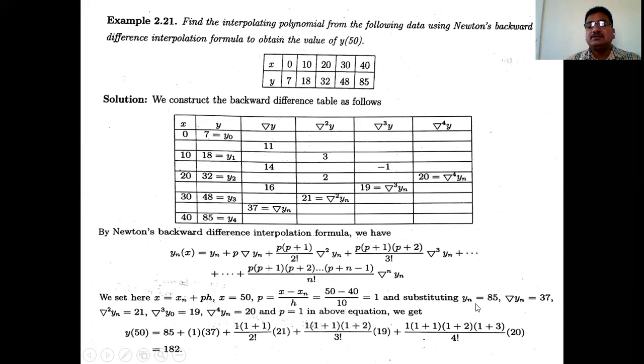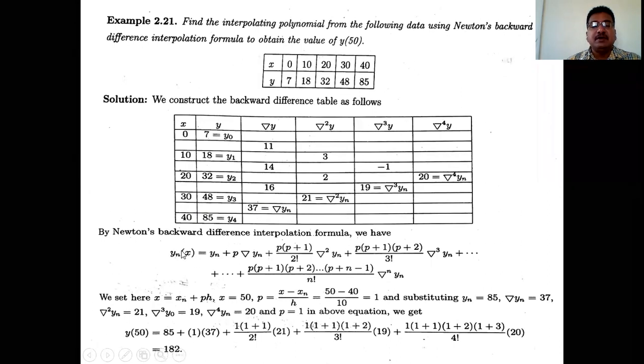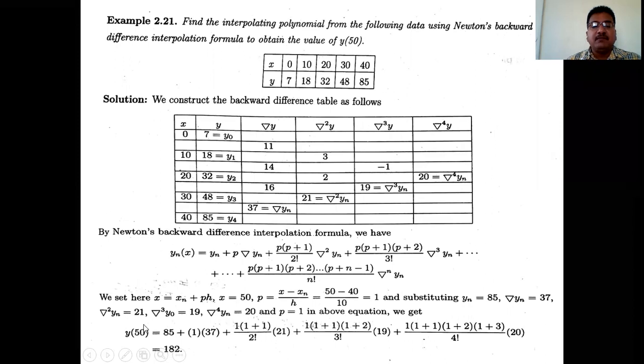And what is f(a+nh)? This is f(a+nh), this is del f(a+nh), this is del square f(a+nh). So write the values. f(50) is f(a+nh), that is 85. Then u is 1, and del f(a+nh) is 37. Then u(u+1) divided by 2 factorial into del square f(a+nh), which is 21.